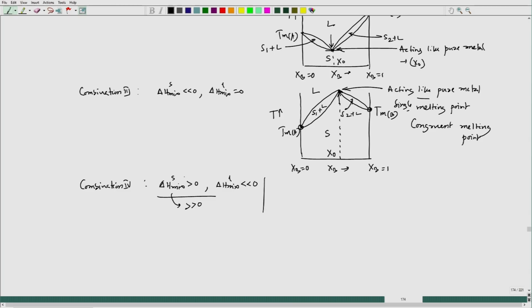Or we can say the other way around, if the difference between these two, delta H mix liquid minus delta H mix solid, is very large and negative, then we have a particular pattern, and if delta H mix solid is less positive, then we have another particular pattern. In this case, we get a pattern like this.